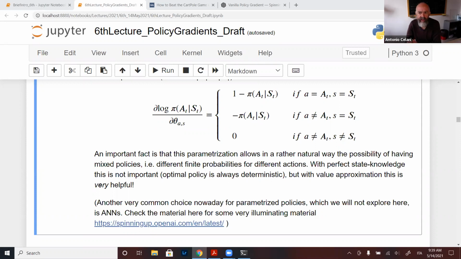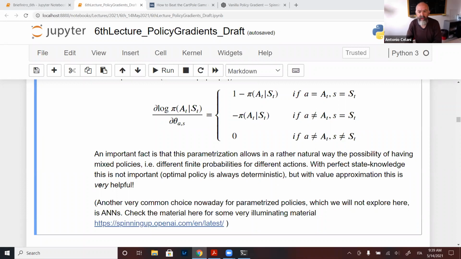Okay, so this makes sense. You have many decisions to make over different states, but if you are in one state and something happens, you are not blaming other states. This is typically what happens if you don't have eligibility traces over time.